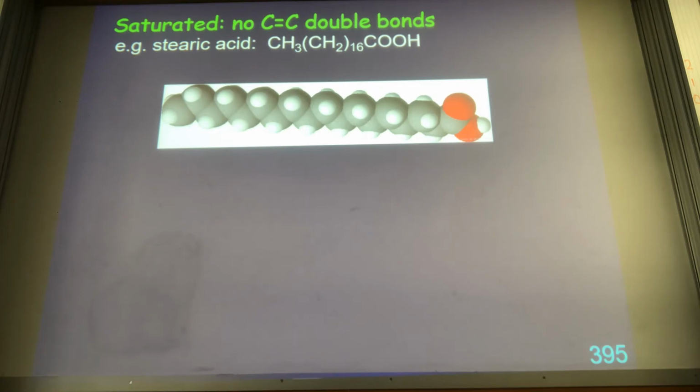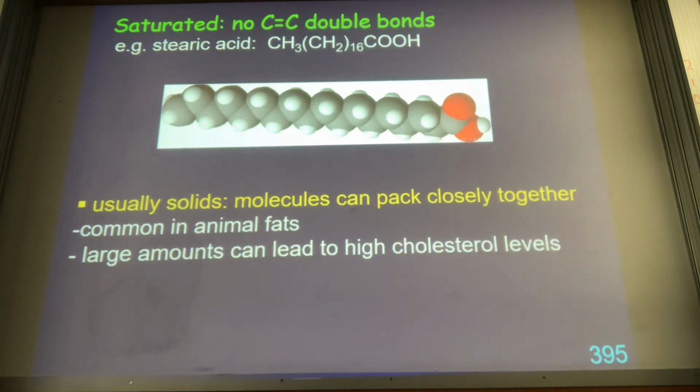Stearic acid is a common one of those, and because single bonds are much more flexible than double bonds, these molecules can pack more tightly together. They can fit close together when they're tight packed. Getting close together means stronger dispersion forces, means a higher melting point. So they stay solid at room temperature. So animal fats tend to contain more saturated fatty acids, and various impacts on lipid metabolism.